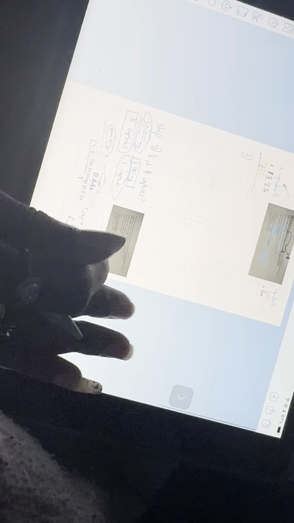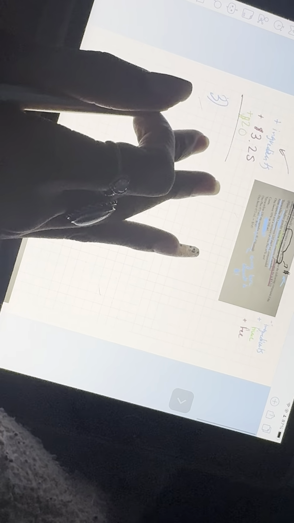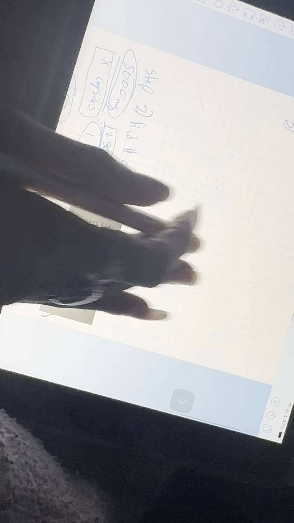Now we have to do step 3, which is, okay, so this is our final total amount of capsules. So now we have to do number 3, which is utilizing the capsules and figuring out how much that is. So remember, not only is the milligrams there, it's also showing the money.